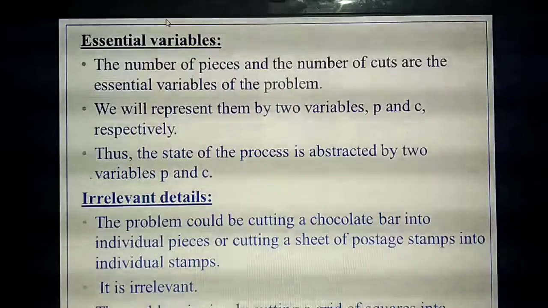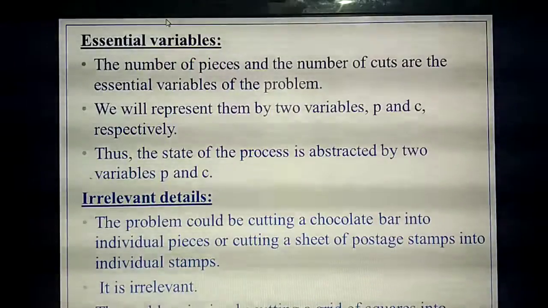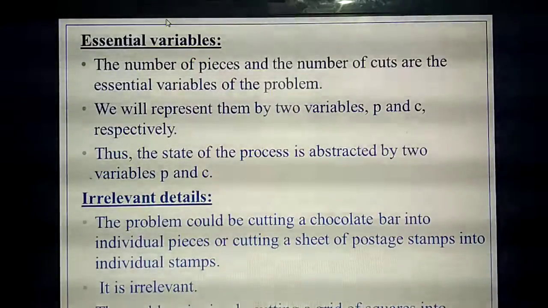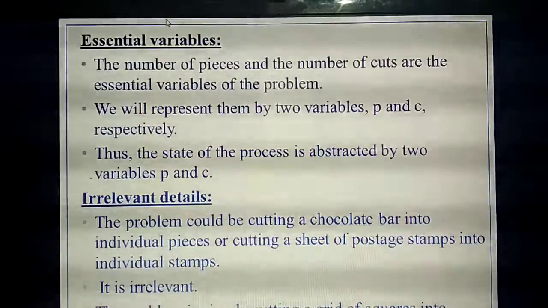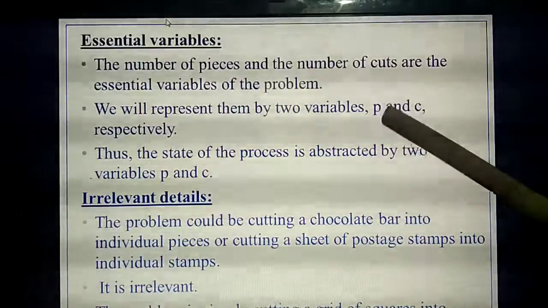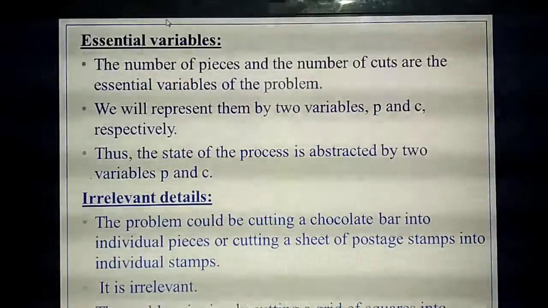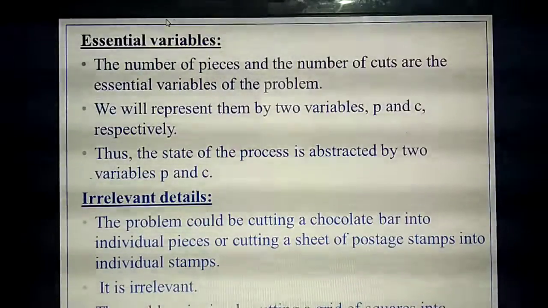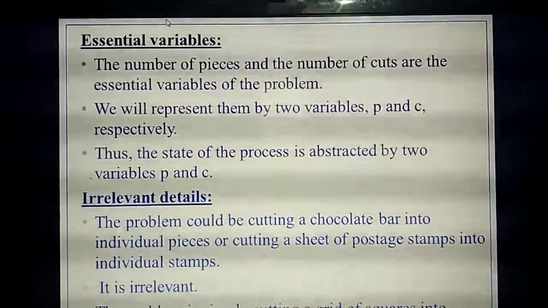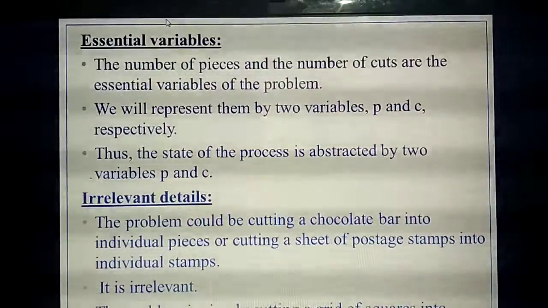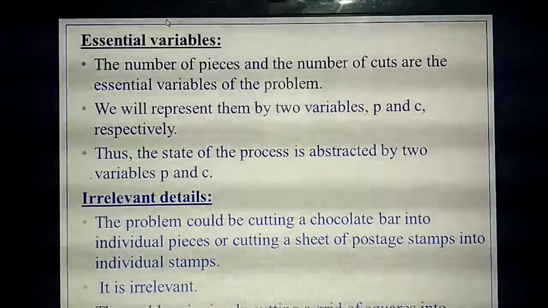You have already studied that state is an important thing in abstraction. State is abstracted by giving variables. How many variables are there? 2 variables, and these 2 variables we call the state. What are the variables? P and C. Understand? So this is the format of writing abstraction problems. Read it one time.